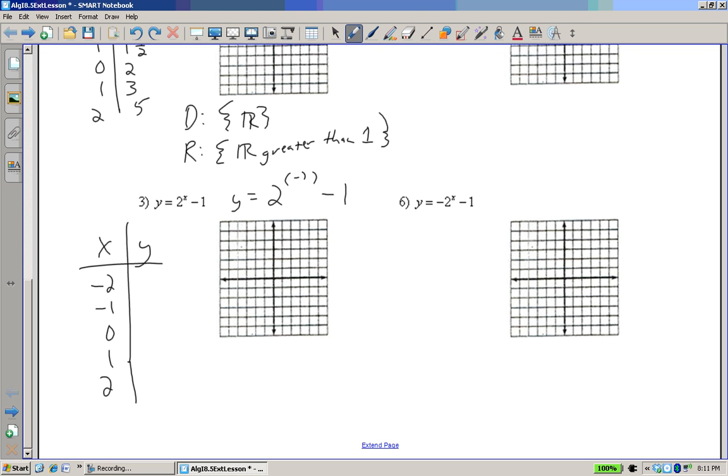2 to the negative second, that's going to be over 1. It's going to be 1 over 2 squared. Minus 1, that's 1/4 minus 1. You can think of 1 as 4/4. So it'd be y equals 1 minus 4 would be -3/4. So -3/4.